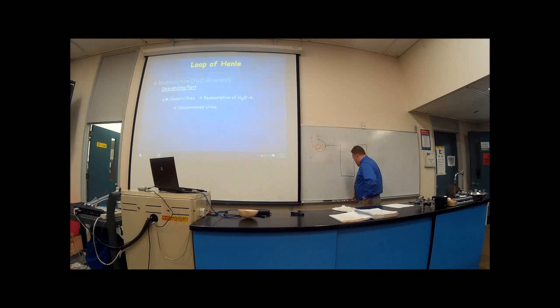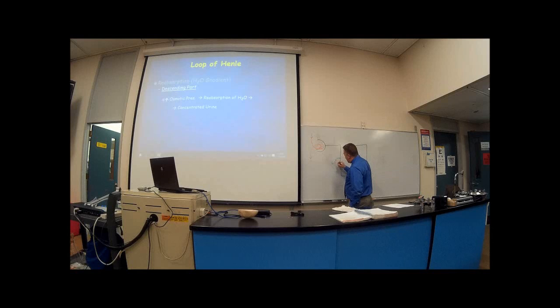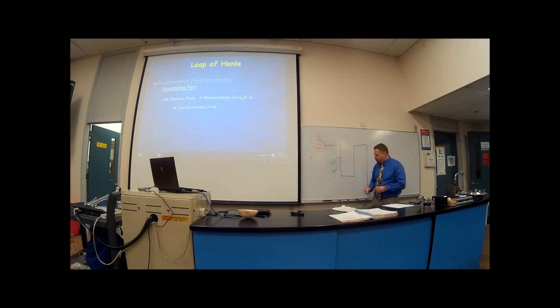So what's happening here is that in the loop of Henle, water is going to come out, but all those electrolytes, and I'm just going to abbreviate by saying sodium chloride, but a lot of other things, that does not get reabsorbed. So as this gets further down to the hairpin turn, water is coming out, getting reabsorbed.